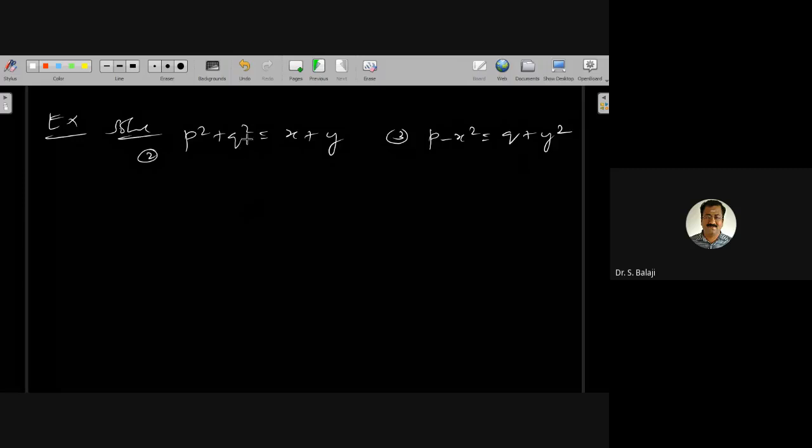We can separate: p minus x square equals q plus y square, already in separable equation form. We can split p dx on one side, q dy on another side, and put both equal to a. You can get the answer. The idea is very simple.